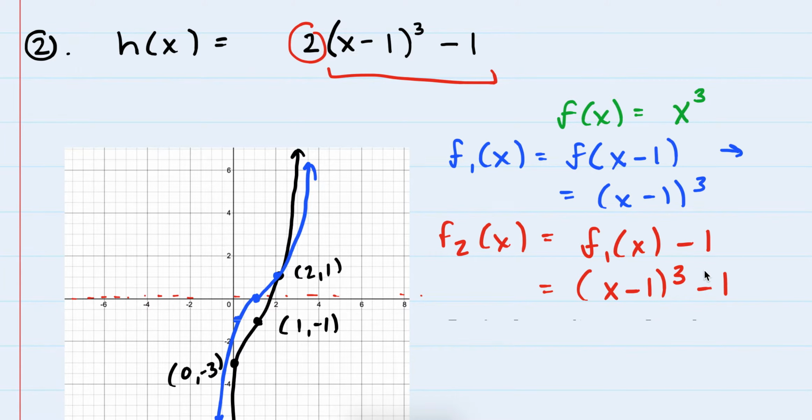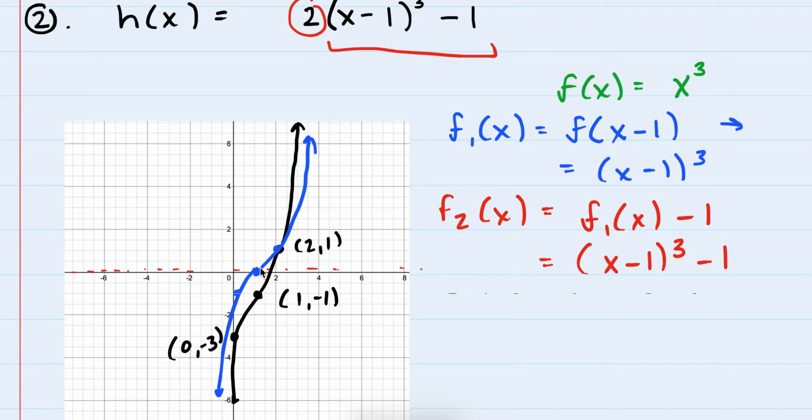So why can't I do that instead? So you take this blue function and you move it down 1. Okay, so this point goes here, and then this point goes here. So I'm going to erase this blue line. And we now have a function that looks something like this.